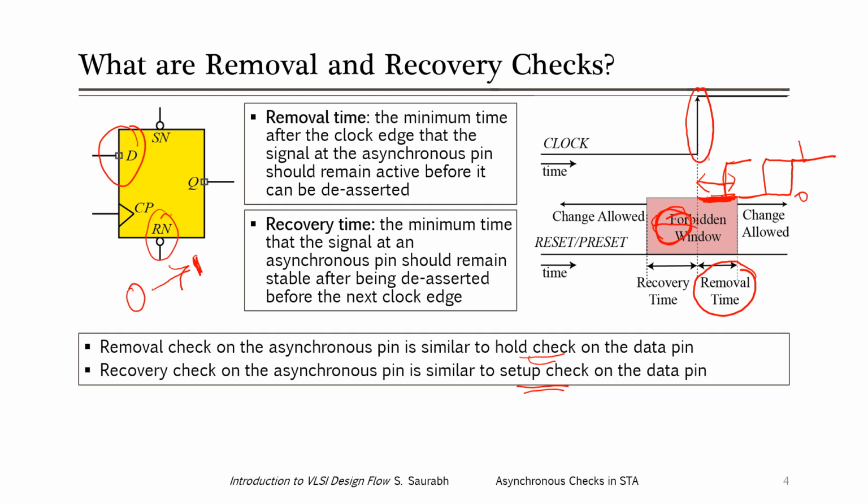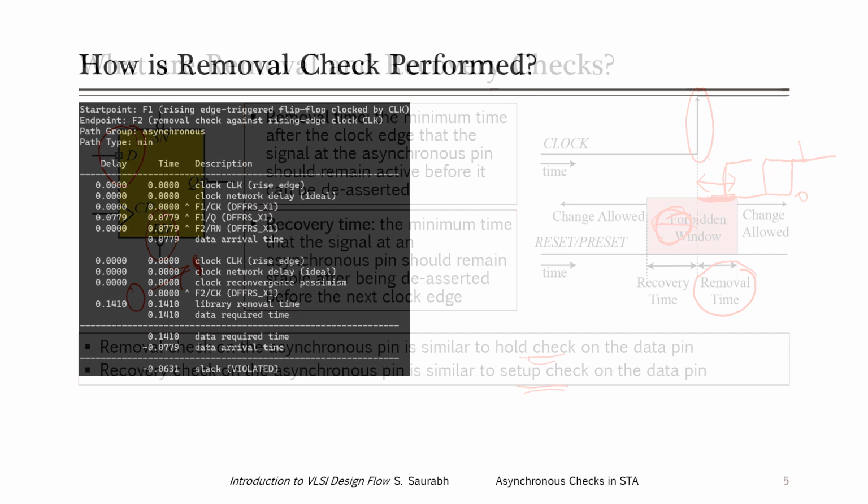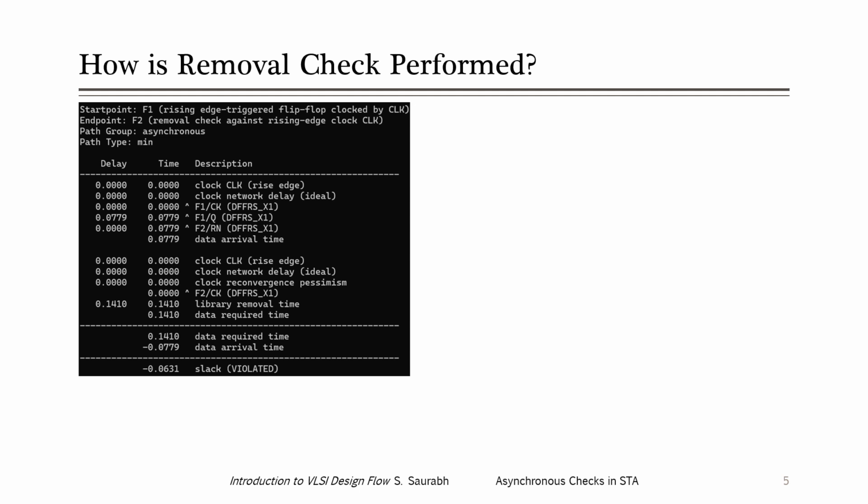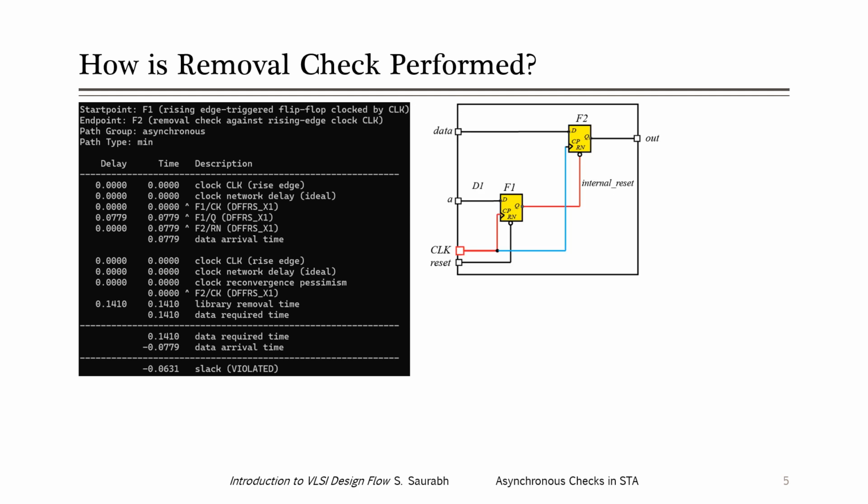So now let us look into the report and understand why this violation came and what is the meaning of this violation in the timing report. This is the timing report that I had shown, and corresponding to this timing report, this is the circuit.